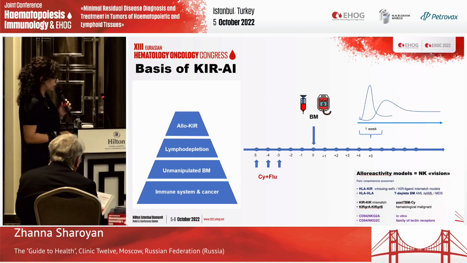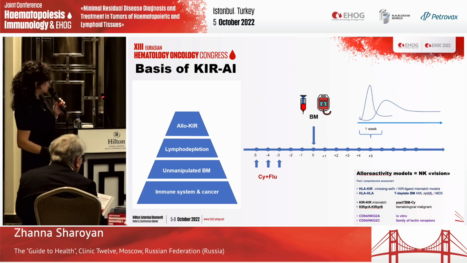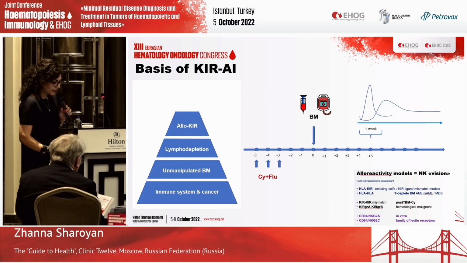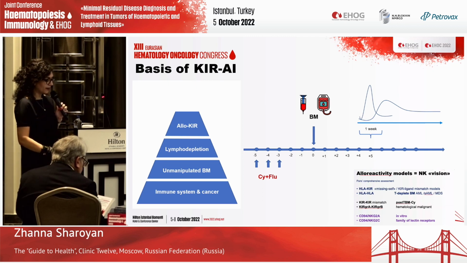Another basis for immunotherapy is selection of donor. As I mentioned above, alloreactivity or cellular vision plays a key role in outcome of cellular therapy. But it's not enough to just recognize the criminal. It's important to have enough force to control him.